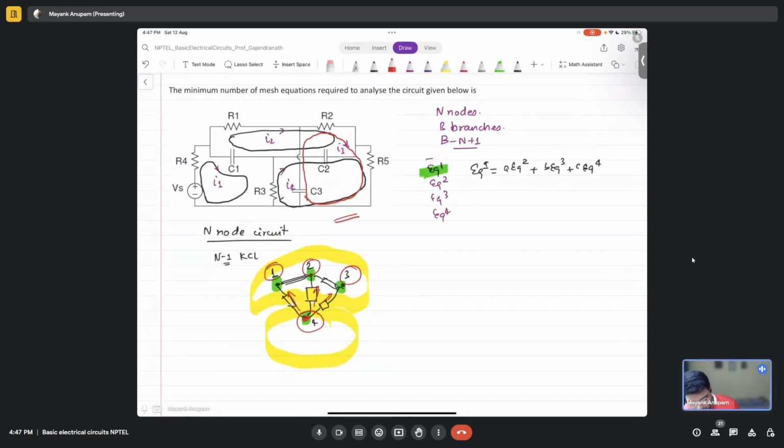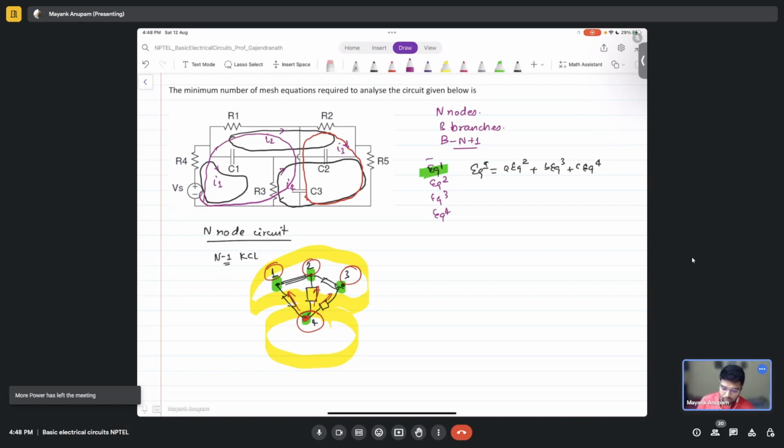Similarly in this case, when you start writing the KVL equations, after writing 4 equations, if you go any higher, let's say you also take this mesh, the one that I showed earlier, you will get 5 different KVL equations.